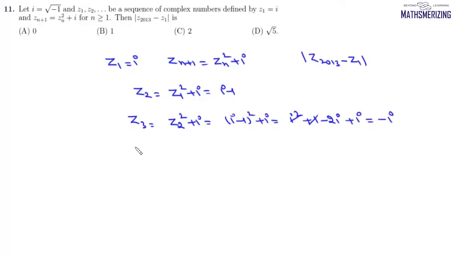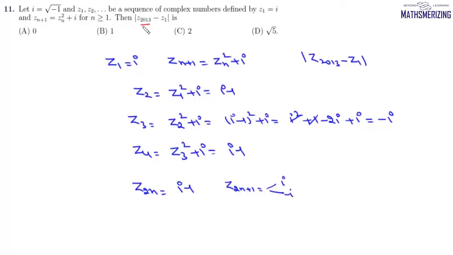Now again, if we find Z4, Z4 will be Z3² + i. Now Z3² again is -1, so it will be i - 1. So for even index, we'll get Zn as i - 1, and for Z(2n+1), it will be either + i or - i depending on the value of n.